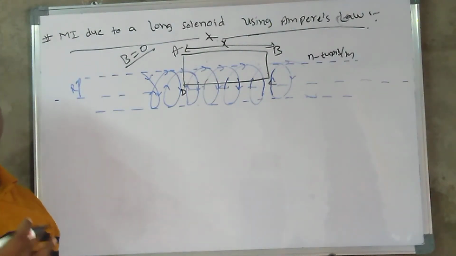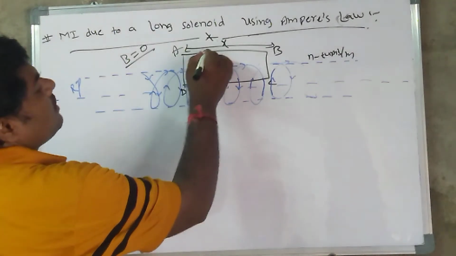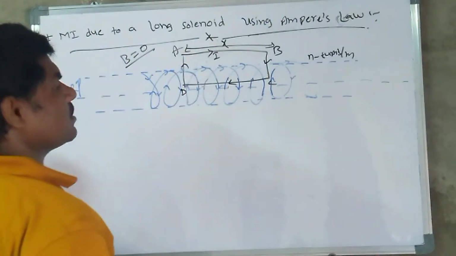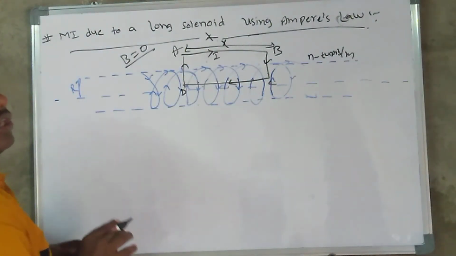That's why the integral of B dot dl is equal to mu naught into current 0, so the integral of B dot dl is equal to 0. So the magnetic field outside is also 0 here. Here this is the current direction, this is the current direction, this is the current direction.